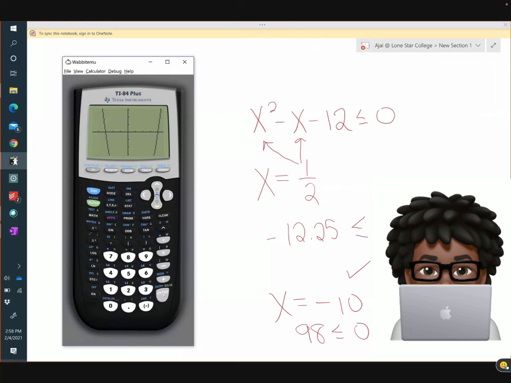Z standard makes your window go from negative 10 to 10 on the x and y. If I click on that, you see it zoom back out. So those are two useful things.